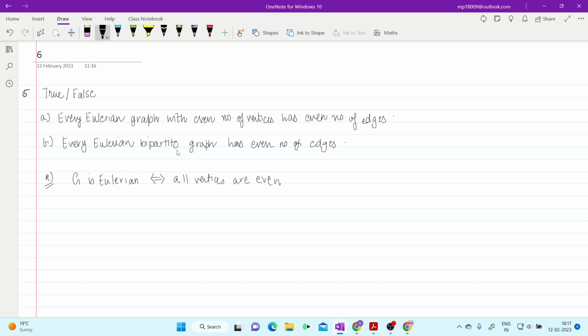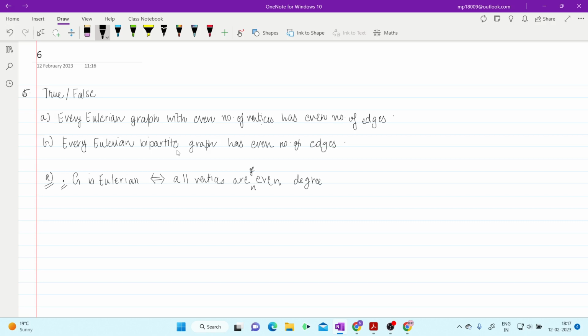First of all, let's write down whatever we know and then try to conclude if this is true. Every Eulerian graph with an even number of vertices has an even number of edges. What is the relation between an Eulerian graph and its vertices? A graph is Eulerian if and only if all vertices are of even degree. Now we have the number of vertices and the number of edges.